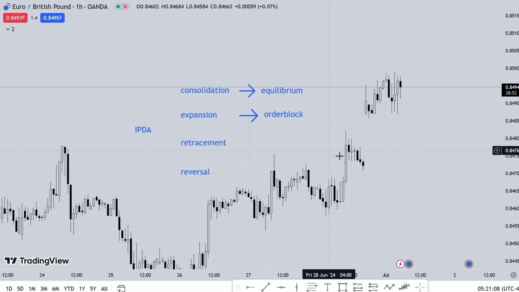So for the retracement, we have liquidity gaps or liquidity voids, which is typically fair value.